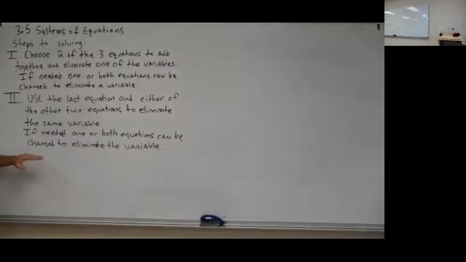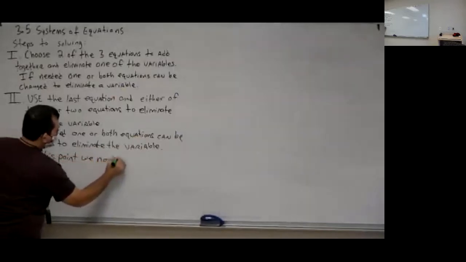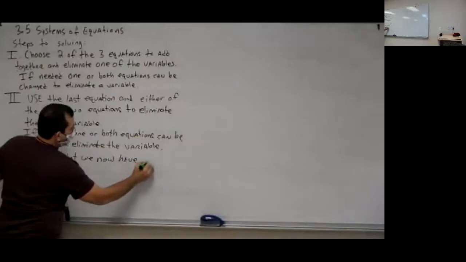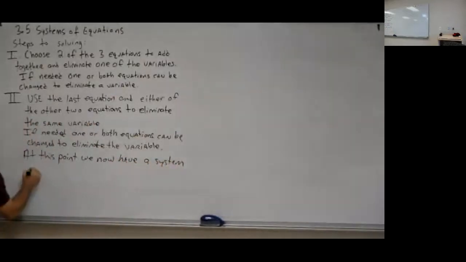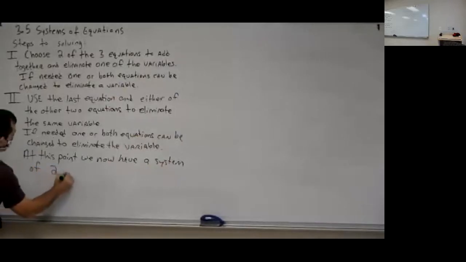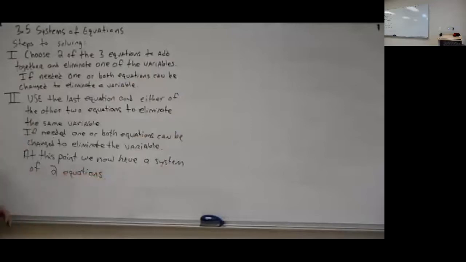After we do this, we will have a system of 2 equations. So at this point, we now have a system of 2 equations. If I got a system of 2 equations, that means I'm going to have 2 variables left.